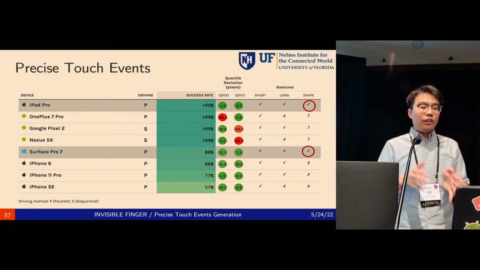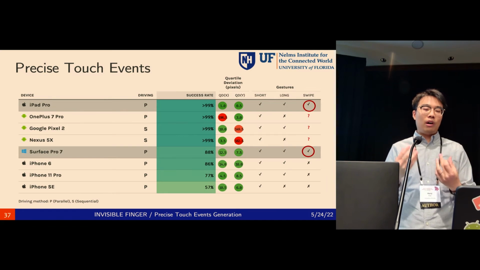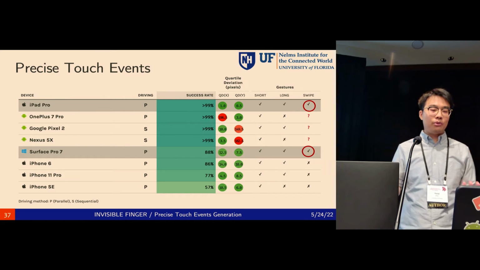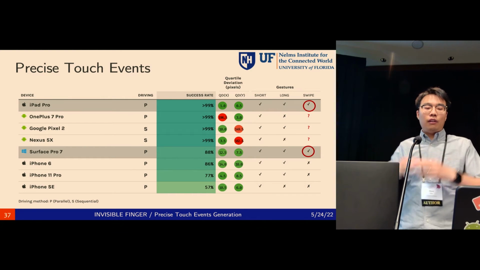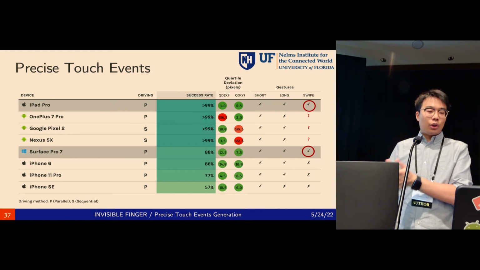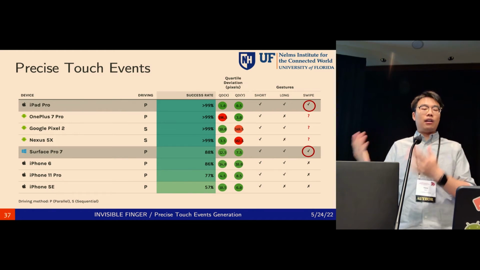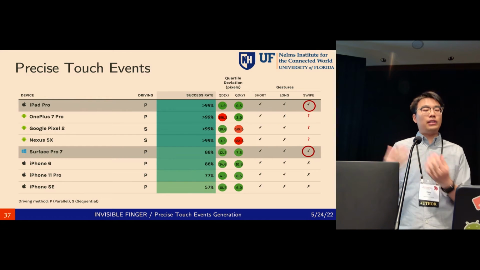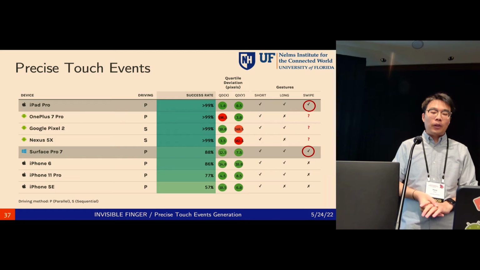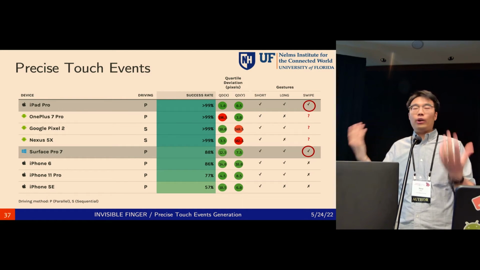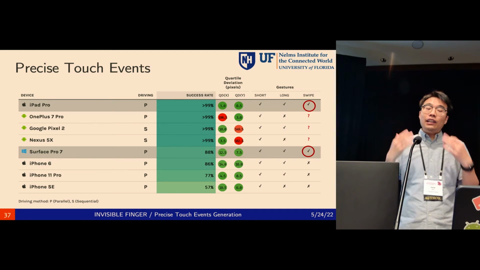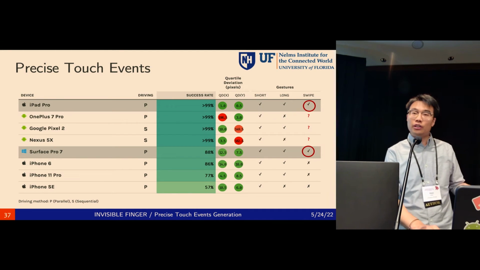Another noticeable achievement of our attack is that on certain platforms, for example the iPad Pro and Surface Pro 7, we can even perform a swipe gesture with any duration. In general, our attack works better on iOS devices than Android devices. We think whatever noise cancellation algorithm is employed in the iOS touchscreen controller, or just the OS driver level, actually makes our attack more efficient and more precise.